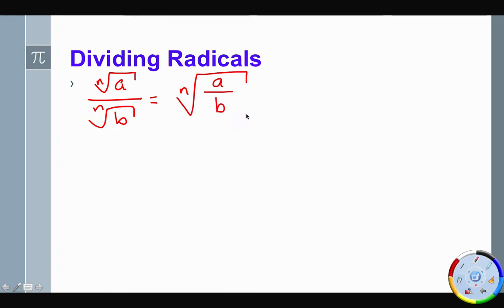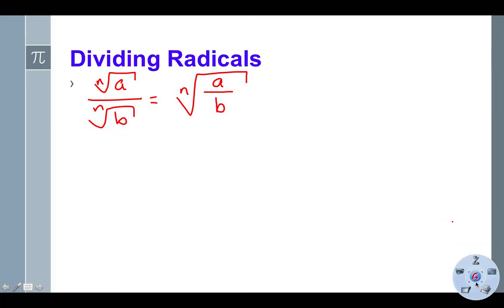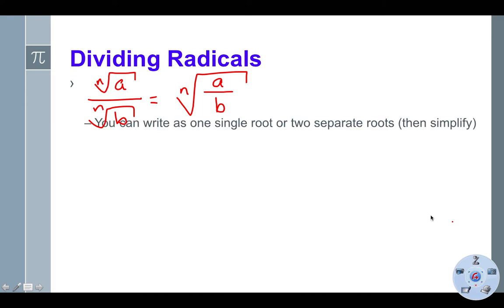Now, we have used this property a couple times already in the previous lesson when we had the square root of a fraction, where we could take the square root of the top and the bottom separately. So we can write one single root or 2 separate roots. Then we're going to simplify from there.